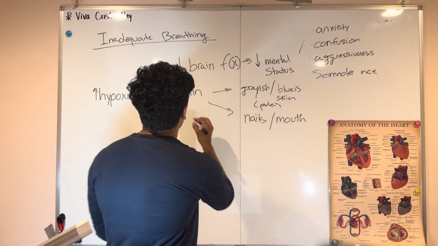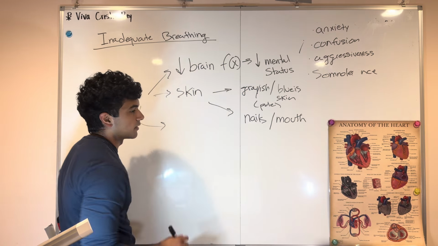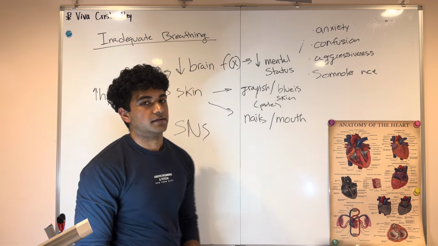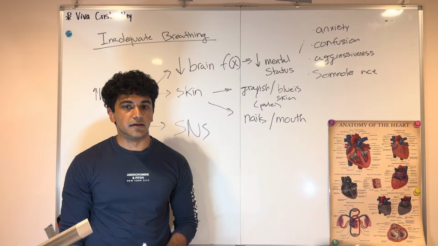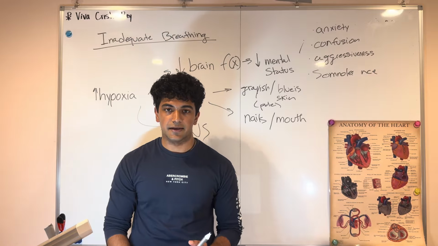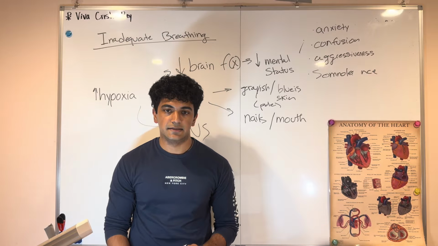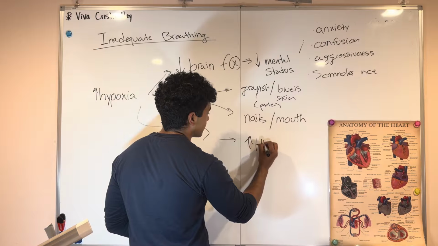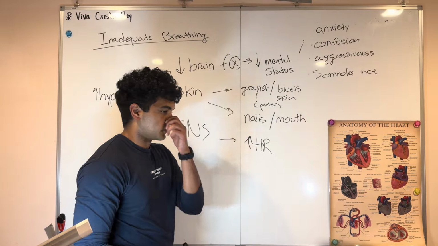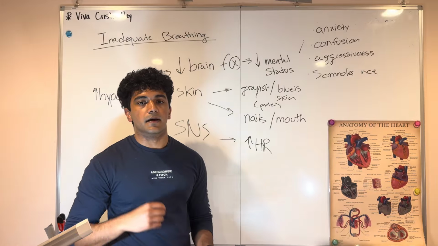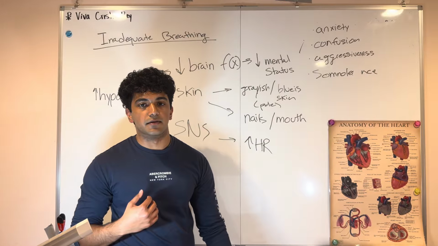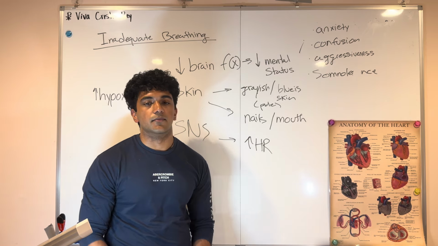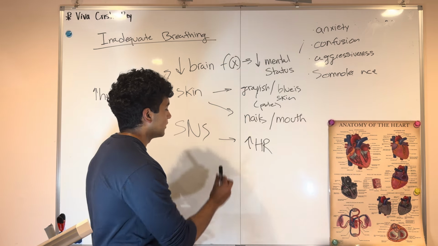But the next thing is your compensation. This is your sympathetic nervous system response. When you have low breathing, your body goes into fight or flight. It thinks it's under duress. From this, you're going to get increased heart rate, because if you're not oxygenating well, your body thinks, okay, if I just move enough blood around, there will be hemoglobin carrying oxygen and it will be perfused better.